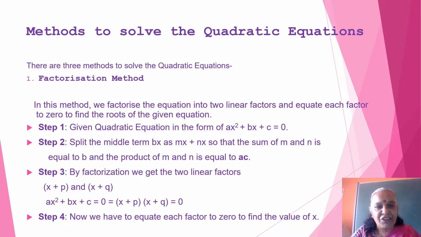By factorization, we get two linear factors x plus p and x plus q. So ax square plus bx plus c equal to 0 becomes x plus p into x plus q equal to 0. Now we have to equate each factor to 0 to find the value of x.